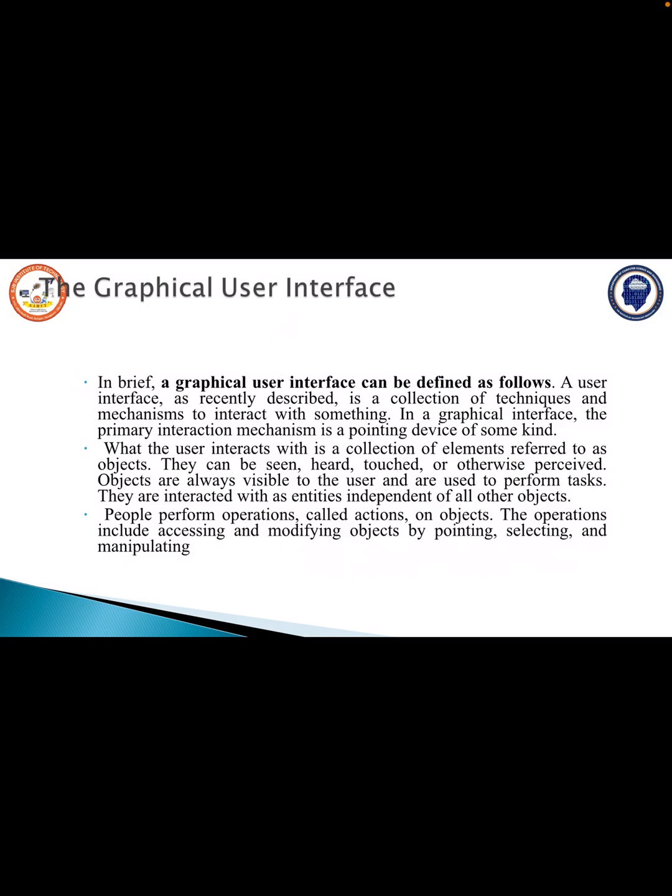Now among the various types of interfaces, let us understand what a graphical user interface is. A graphical user interface is an interface used for communication between the system and the user with the help of menus and icons. The definition is the user interacting with electronic devices with the help of menus, icons, images, drop down, drop up, all those things.